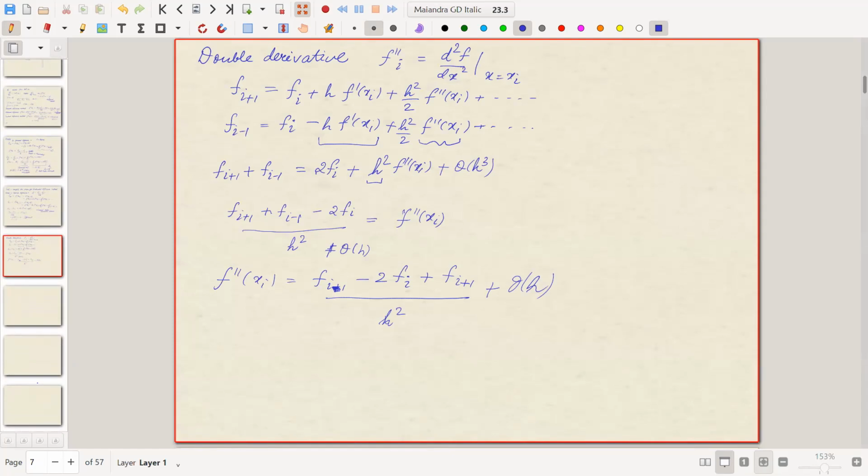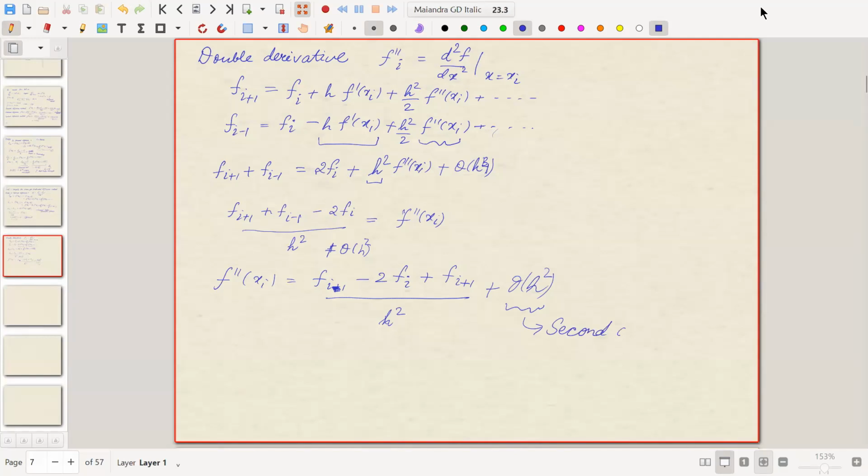You see, this is the observation. So what should it be? h fourth. Yeah? So then what will be here? h. Second order method.